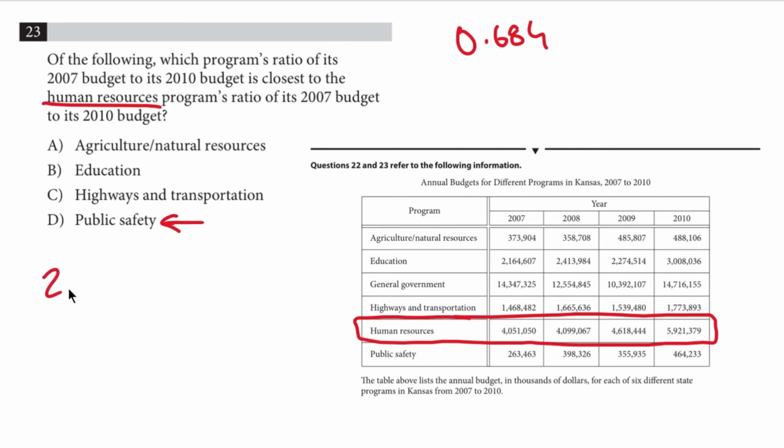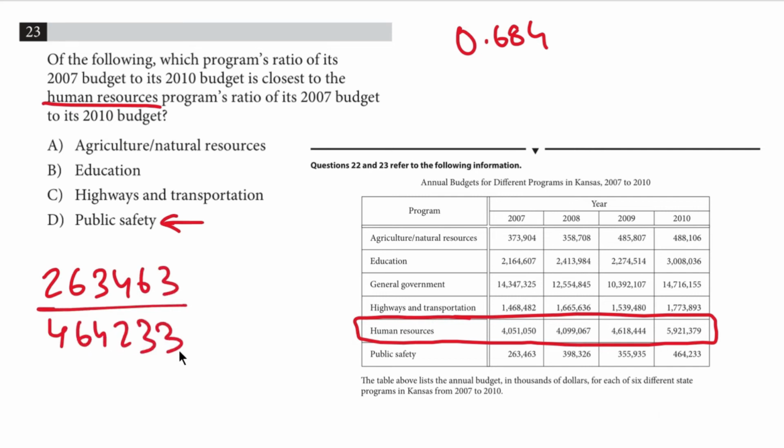Let's divide 263,463 by 464,233. These are these two numbers, the ratio of annual budget for the public safety program from 2007 to 2010. So let's do that and we will get 0.567. Now, this is not very close to this, okay?